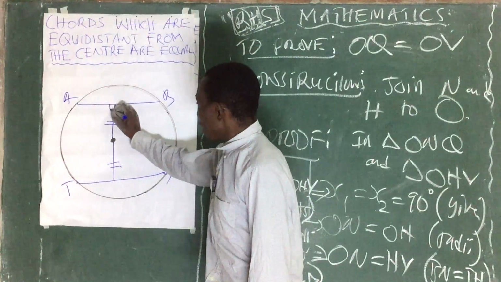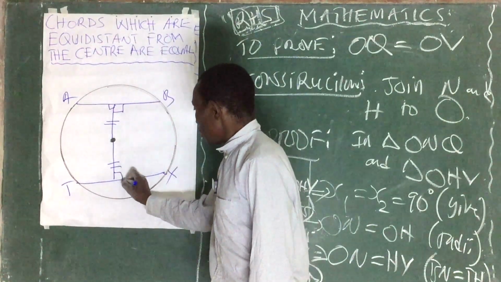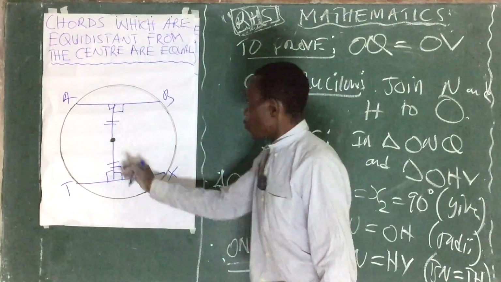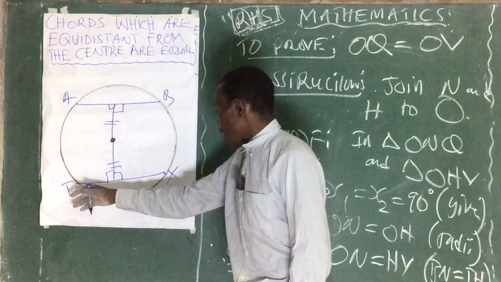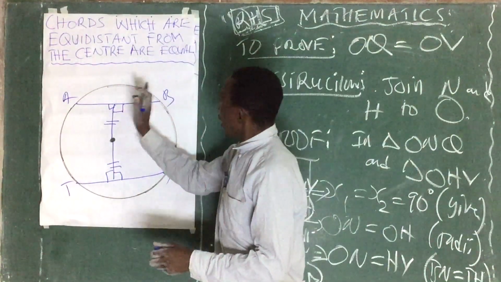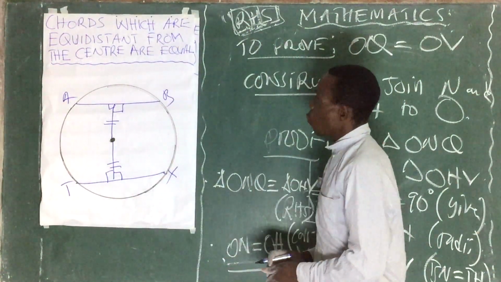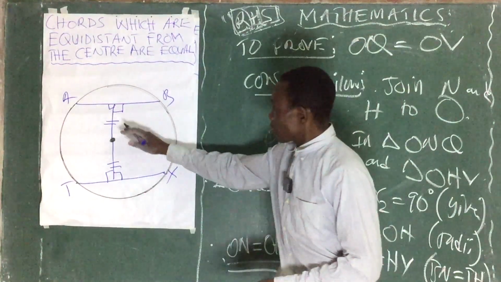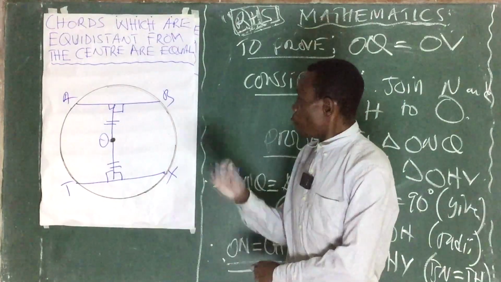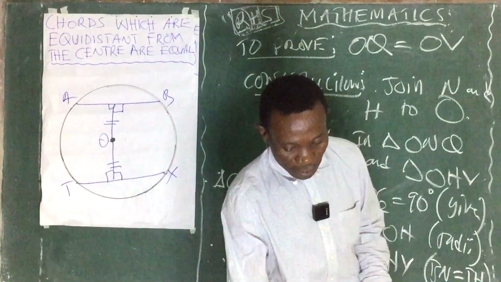That is what is referred to in this property. Right. What is the expectation of this line AB and TX? Here we are told that the chords will be equal as well if the distances from the center are equal. Right. For you to show this one, it's very easy.